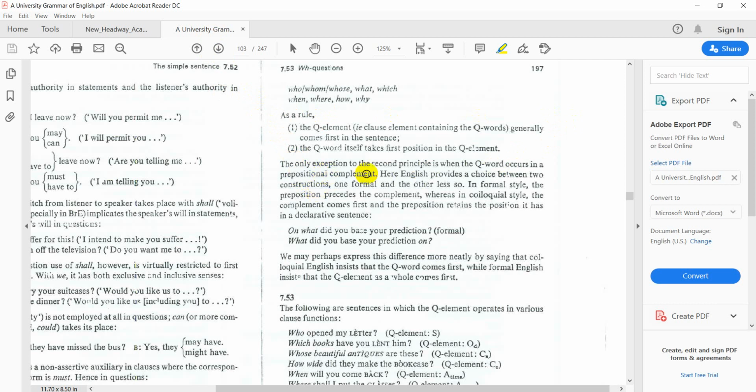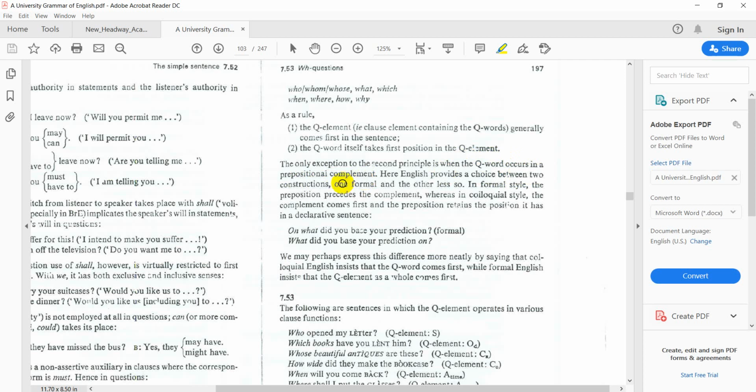The only exception to the second principle is when the cue word occurs in a prepositional complement.